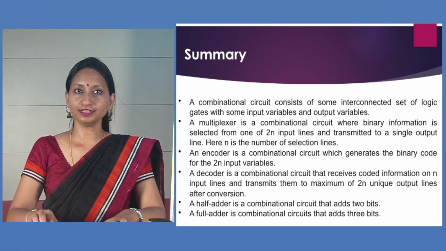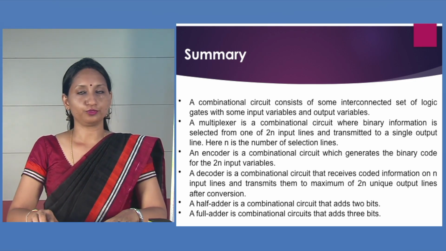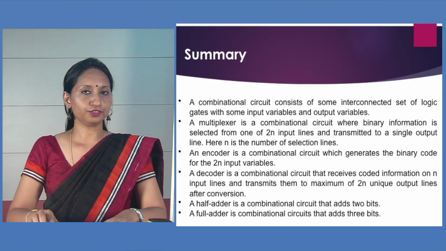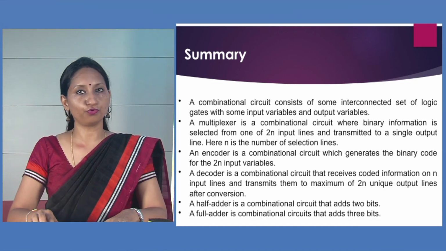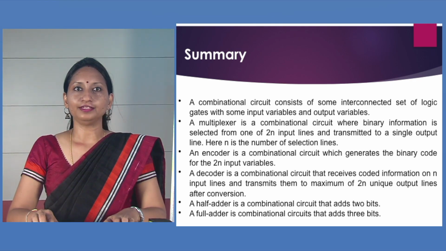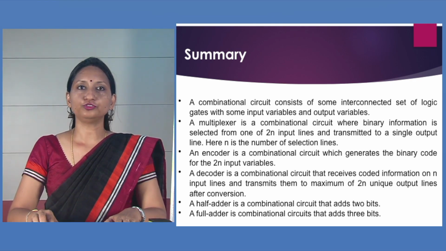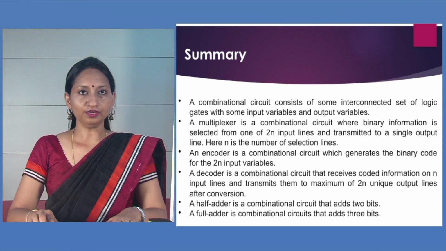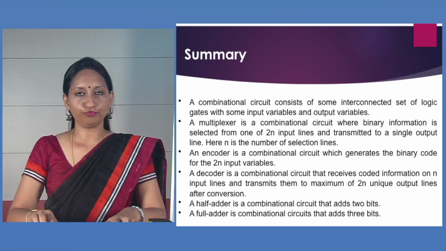Next we have discussed the demultiplexer. In demultiplexer we have discussed the 1 to 4 demultiplexer. So it is 1 to many. And after that we have gone through an encoder, which is a combinational circuit which generates the binary code for the 2 to the power n input variables.